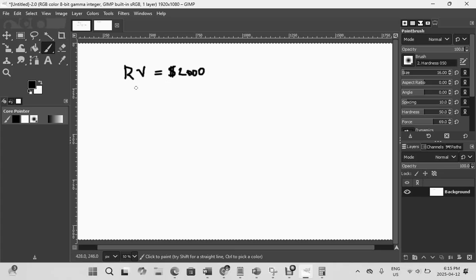The salvage value, SV, is $4,000. And the useful life, or UL, is 8 years.